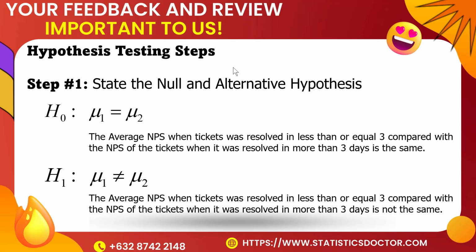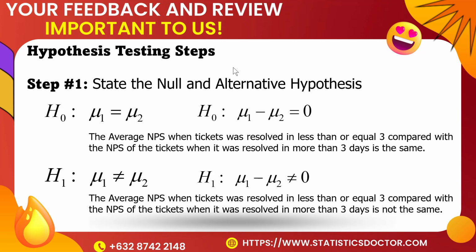To put it in a statistical context, this is how to write the null hypothesis: the difference between the mean of group 1 and group 2 is equal to 0.